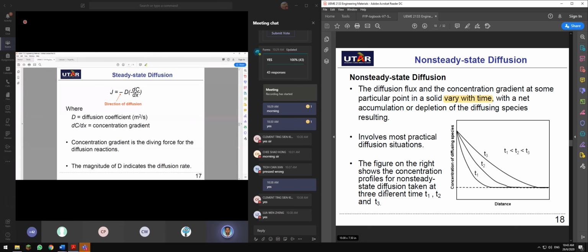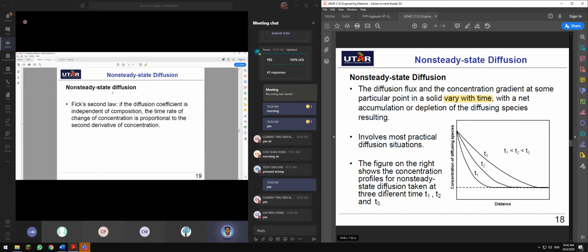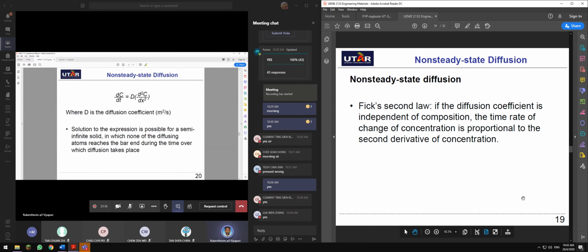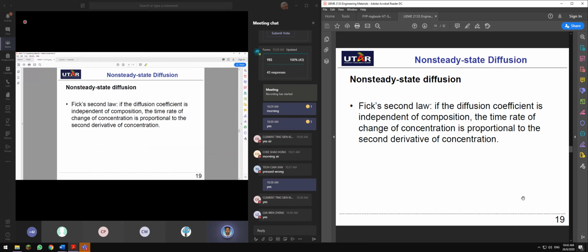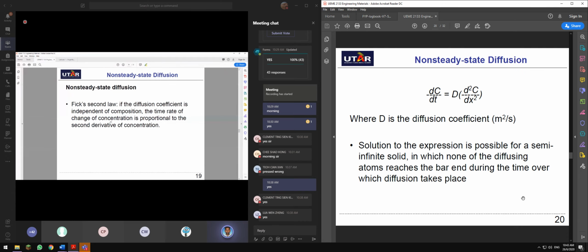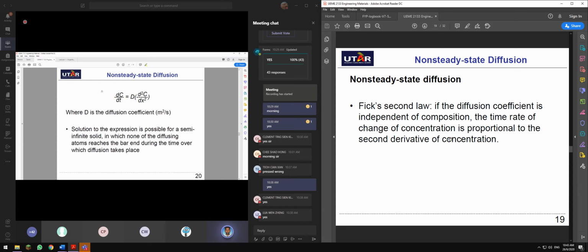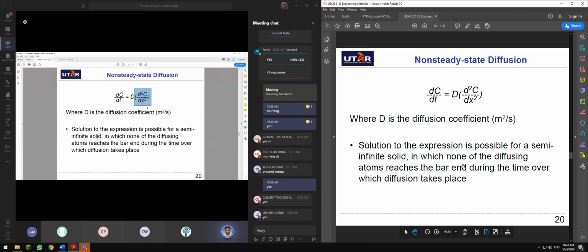Now, for non-steady state diffusion, Fick's second law says that if the diffusion coefficient D is independent of composition, the time rate of change of concentration is proportional to the second derivative of concentration.